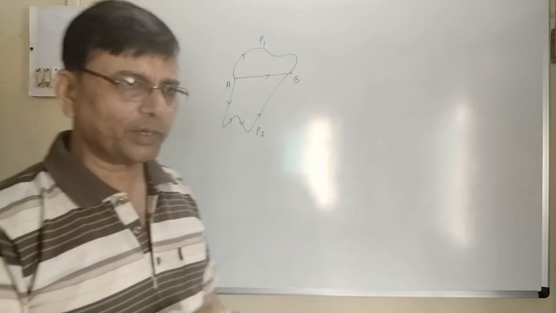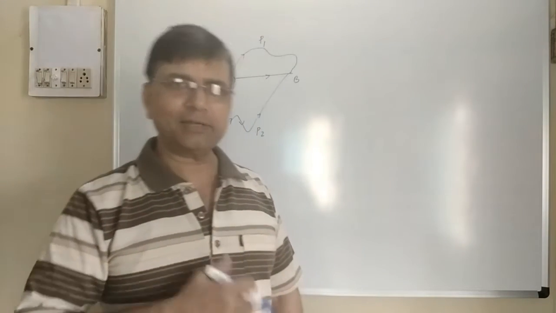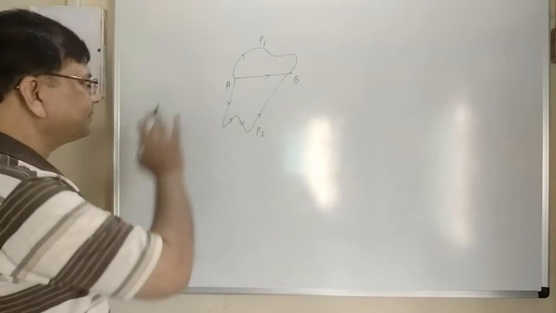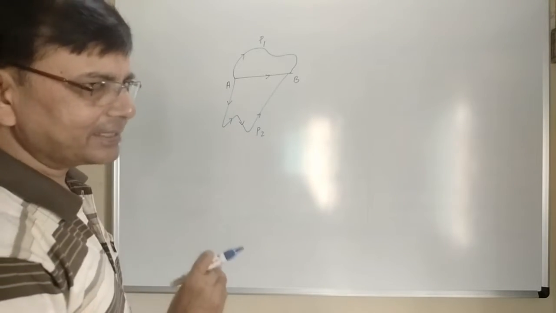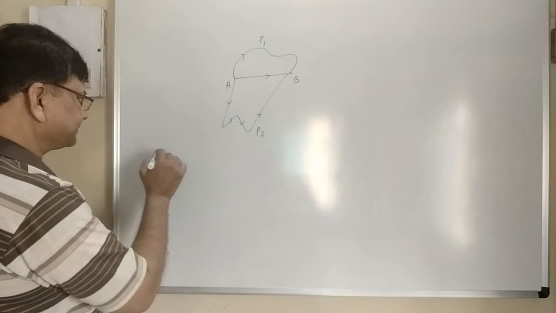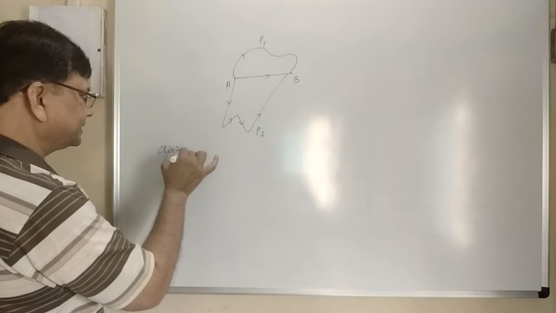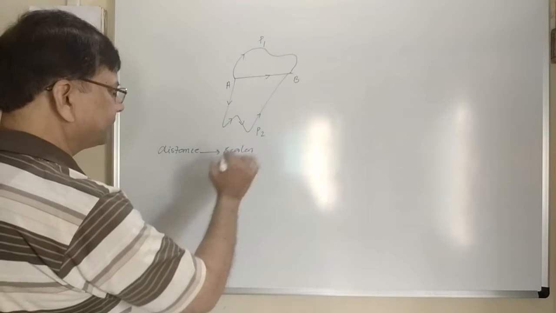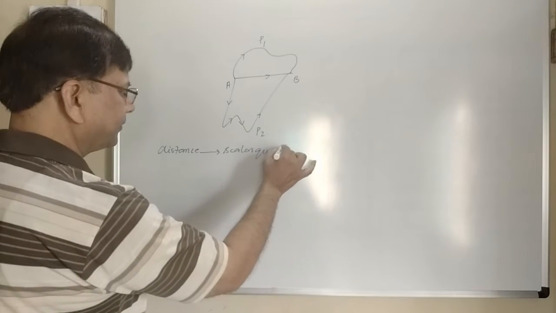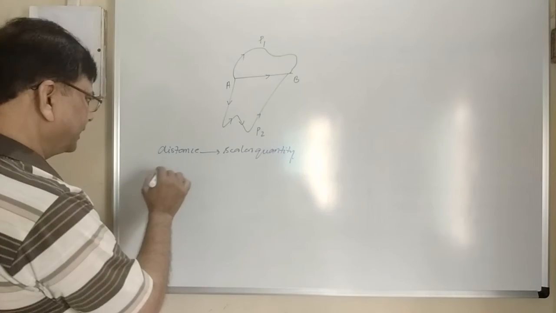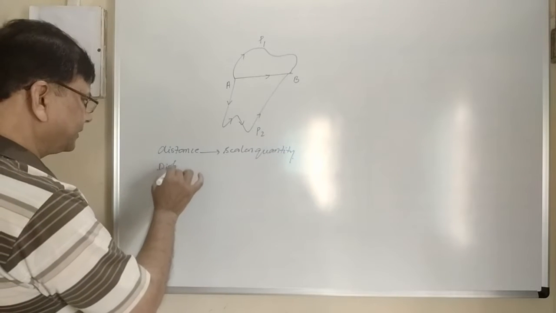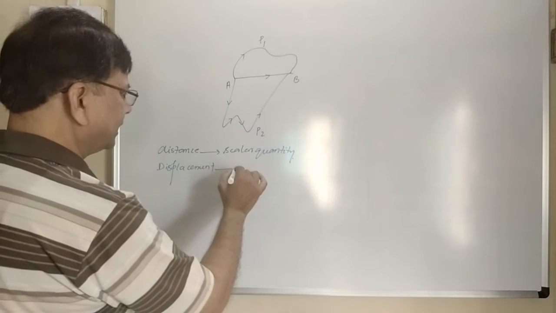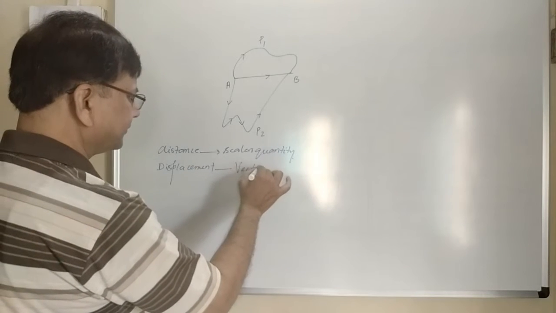Those physical quantities which have magnitude as well as direction are called vector quantities. So displacement is a vector quantity and distance is a scalar quantity. So you write: distance, it is a scalar quantity, and displacement, it is a vector quantity.